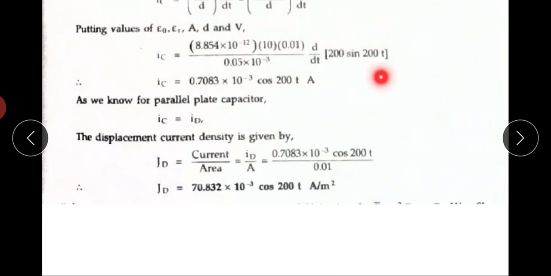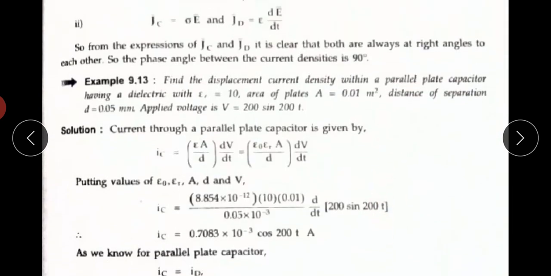Okay, here we have to find the displacement current density by using these values. So first find the displacement current. Displacement current is nothing but the capacitor current. Capacitor current formula I equals C into dV by dt. C equals epsilon into A by D. In case of a parallel plate capacitor, C equals epsilon into A by D. So by substituting all these values, first find the IC value.